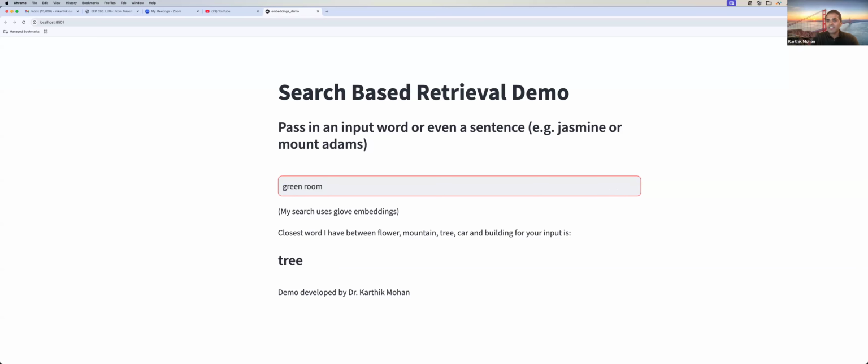Okay, see, this is the issue, right? Is green room a tree or a building? It should be building, right? But if you average the words, probably room is coming in as the main category, and that's connected to a building. Sorry, probably green is coming in as the main one, and so that's connected to tree.